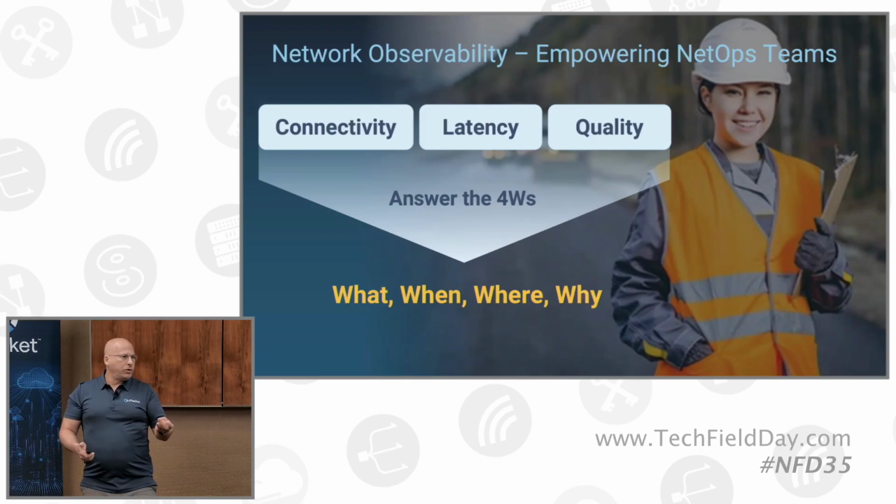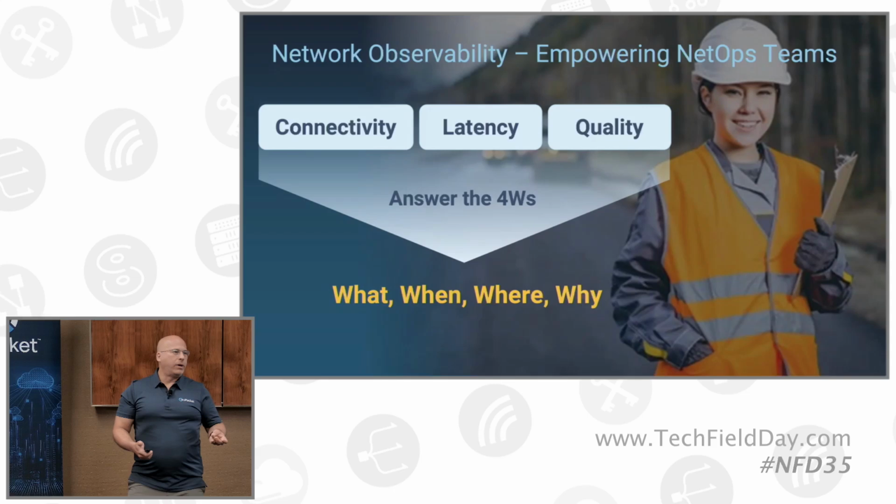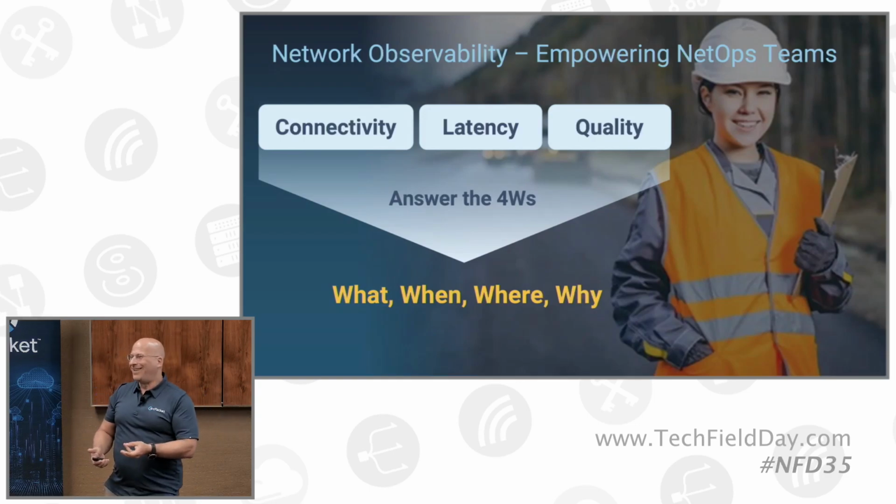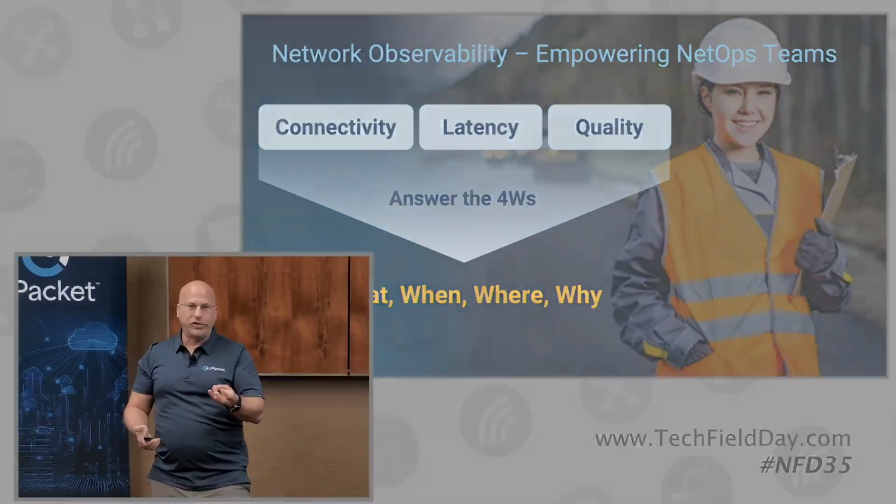People are not going to call you and say there are retransmissions in the network. They're going to call you and say it's too slow, or I can't connect to my remote desktop. Electronic traders will call you and say, hey, packets are missing. And someone watching Zoom will tell you the video is choppy or the audio is bad, which is quality. Not every application has all three, but the complaints will fall into one of these three.